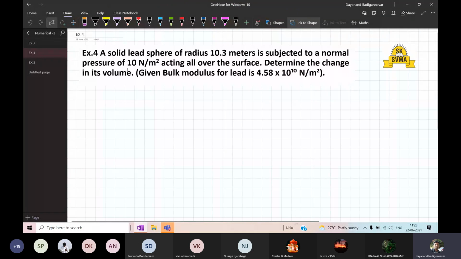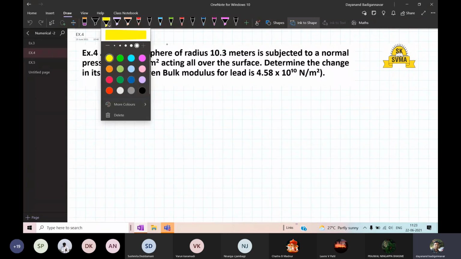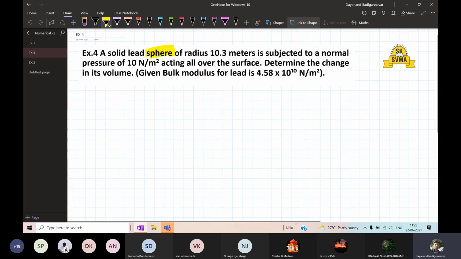So a solid sphere of radius 10.3 meter is subjected to a normal pressure. Okay, now here there is a sphere of radius 10.3 meters, subjected to a normal pressure of 10.10 Newton per meter square acting all over the surface. Determine the change in its volume.